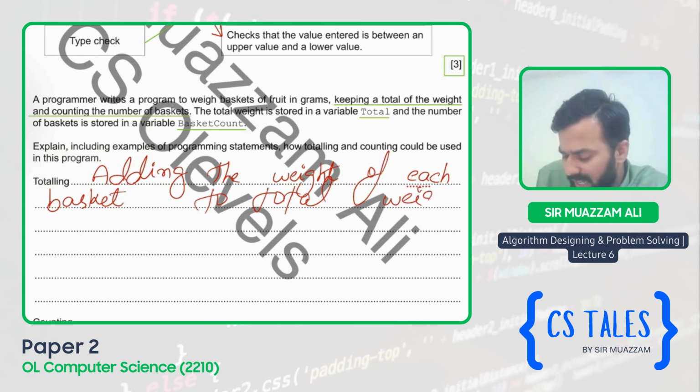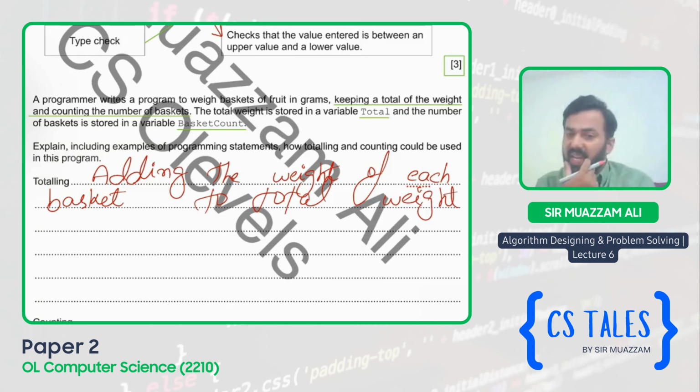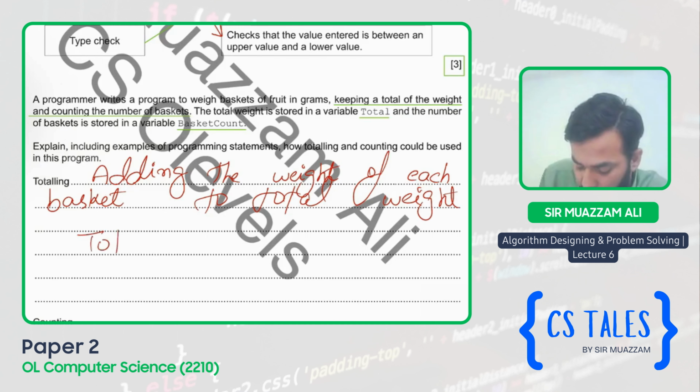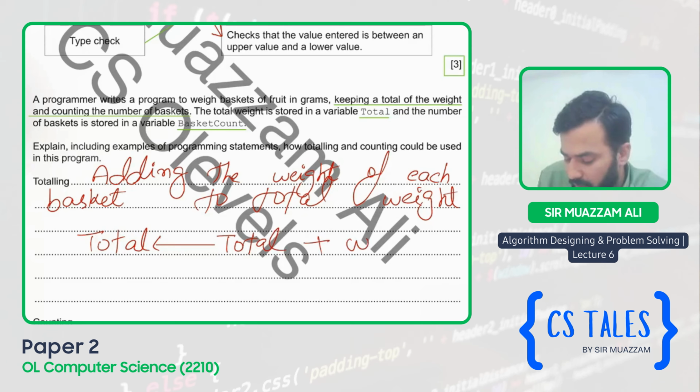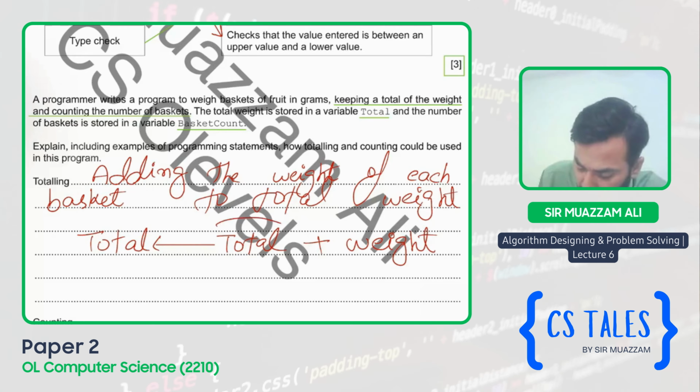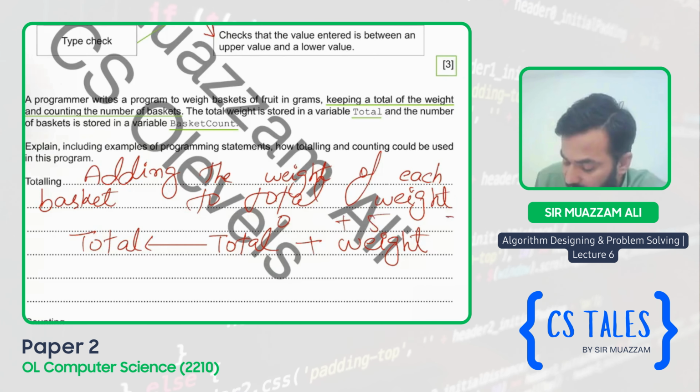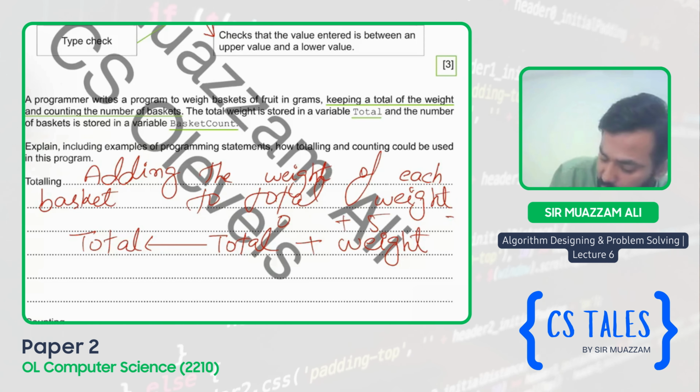So how will we write the formula? We will write total is equal to total plus weight. Let's suppose the initial total is 0 and weight is something. 0 plus 5 becomes 5. So 5 will be stored in the total.